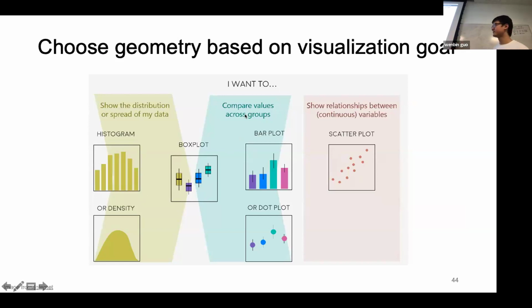If you want to show the difference between groups, go for the box plot and also wrangling plot in some way. And if you want to show the relationship between two continuous variables, go for the scatter plot. So basically, what type of geometry you should choose really depends on the goal of your figures. Okay.